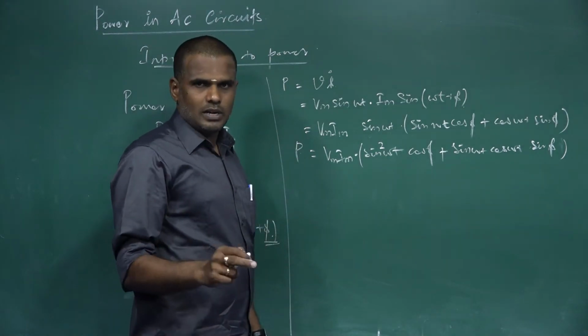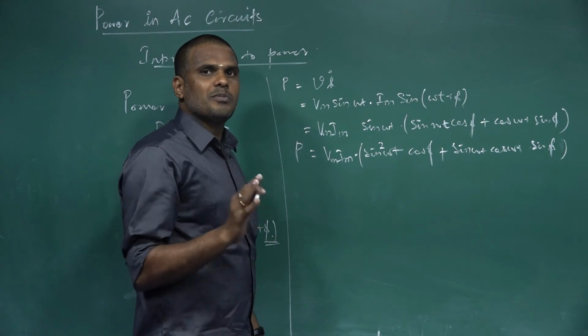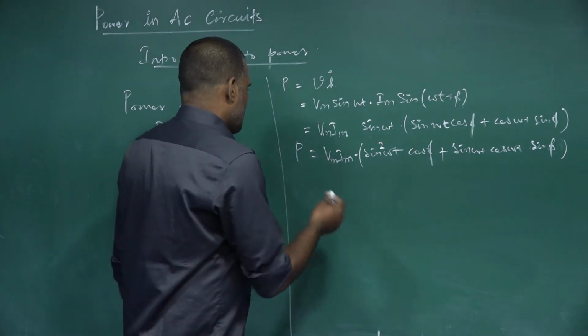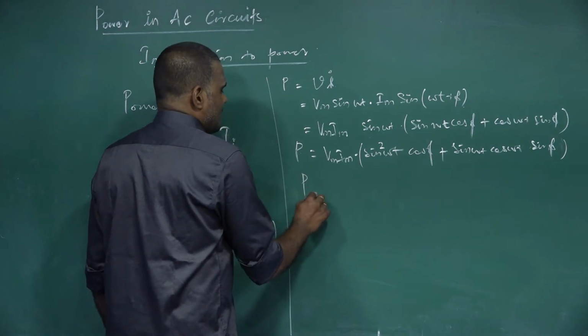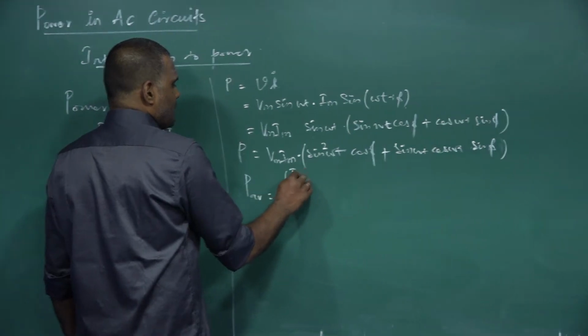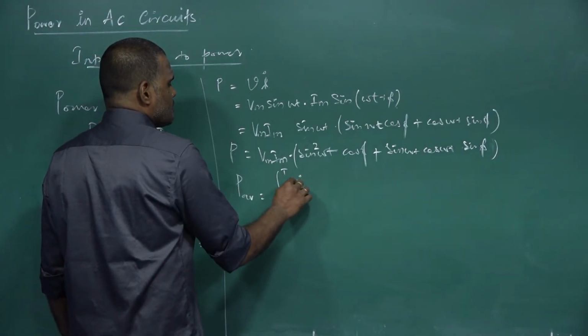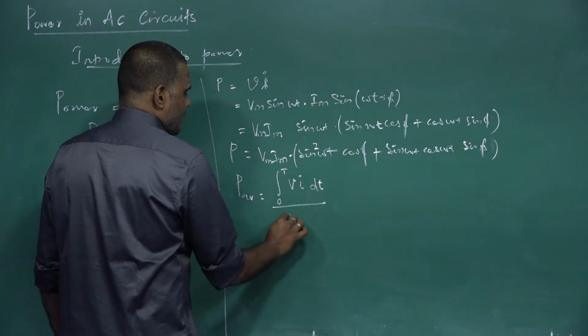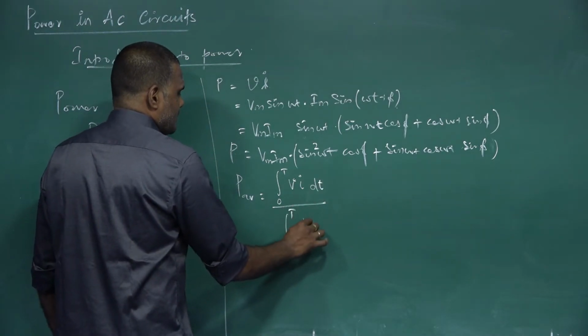We have to calculate the average power consumed by the circuit over one complete cycle. So we can write the average power like this: integral of 0 to capital T, small v, small i into dt, divided by integral 0 to T dt.